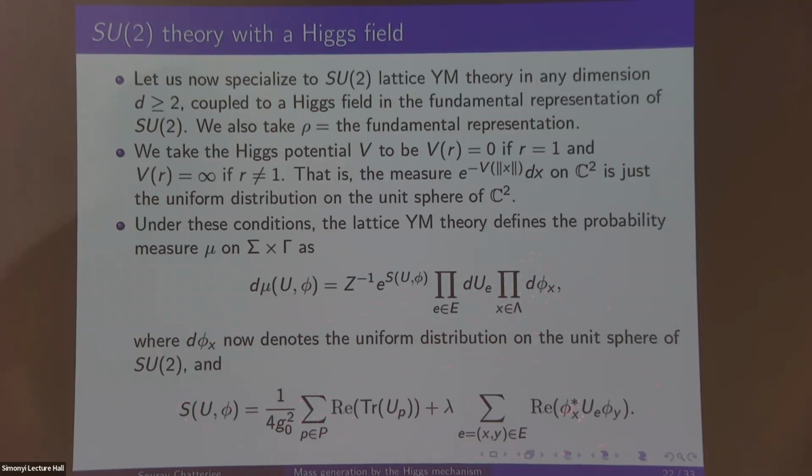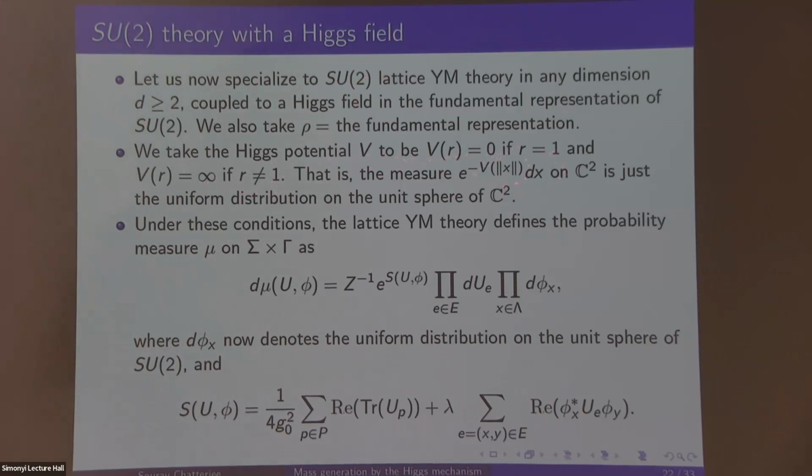So you have phi from the unit sphere, U from the group elements, and you have the fundamental representation. So it's just phi star U_e phi_y, and this U is now an SU2 matrix. So what happened to V? Oh, I took V to be infinity if R is not equal to 1 and V(R) to be 0 if R equals 1.